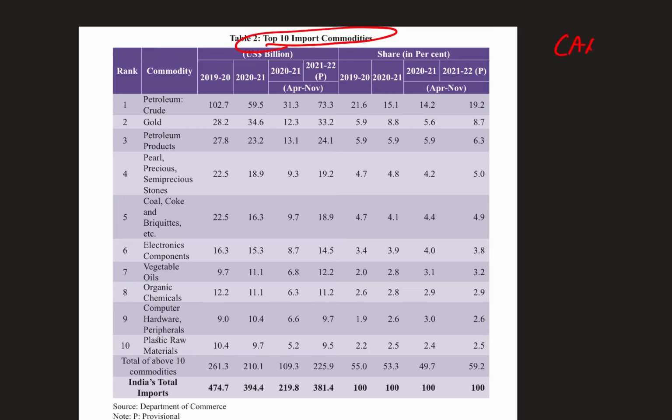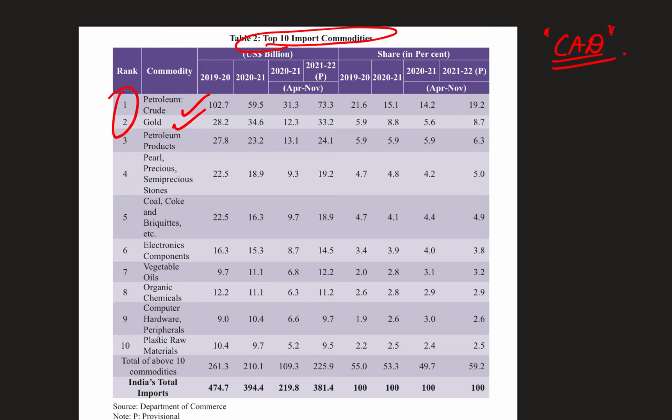Now we have seen that current account deficit is a problem for us. So if we handle the top two, that is if we reduce our dependency on fossil fuels and reduce our gold imports, we can handle this issue of current account deficit and improve our macroeconomic fundamentals.